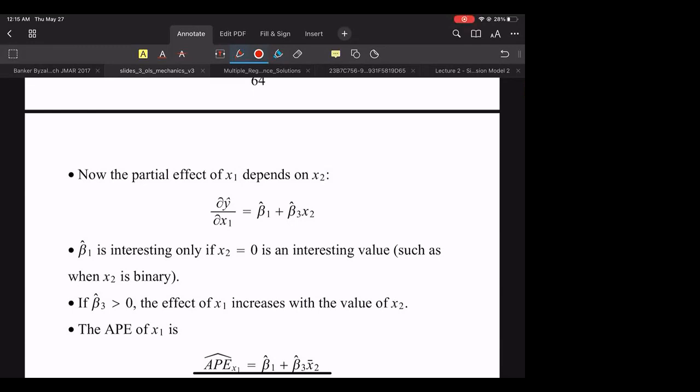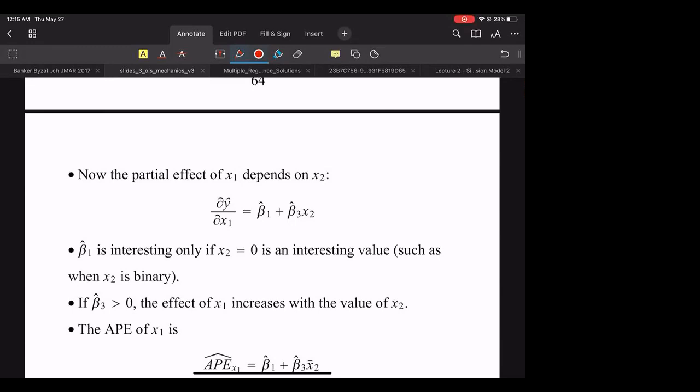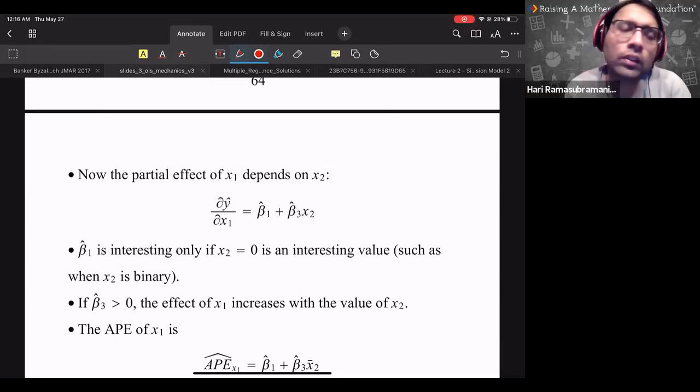Right? So when you interact two variables, must one of them necessarily be a binary? No, not necessarily. They can be continuous, but then the coefficients will lose their meaning. So what you can do is demean the variables before you interact them.